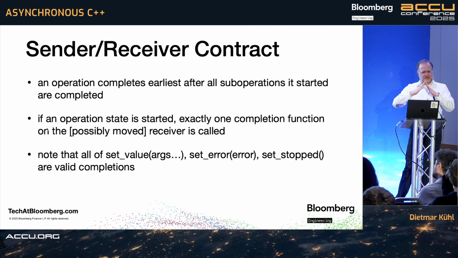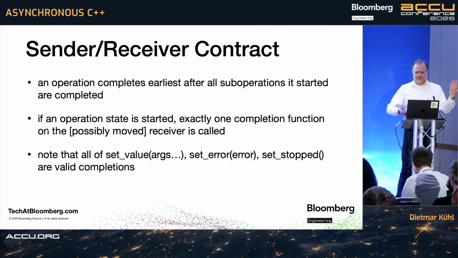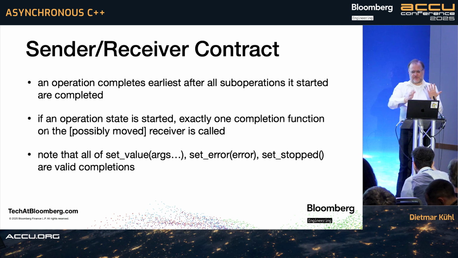The reason you want that is that this allows you to embed any completion state into the outer operation, which starts any sub-operations. You don't need to allocate any memory on the heap to deal with that or have things uncontrolled. That's a structured concurrency approach: we start things, we possibly start other things, but everything we started has to complete before we complete ourselves. So this is one part.